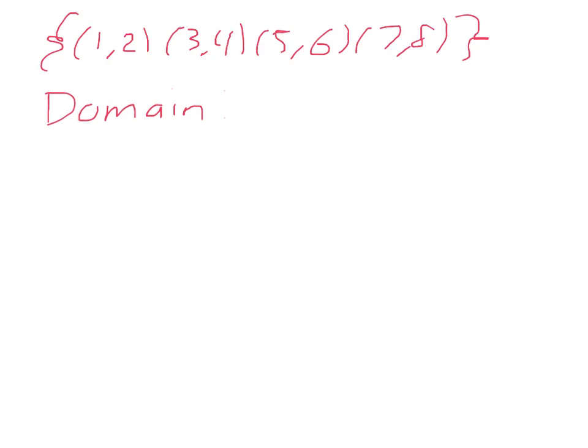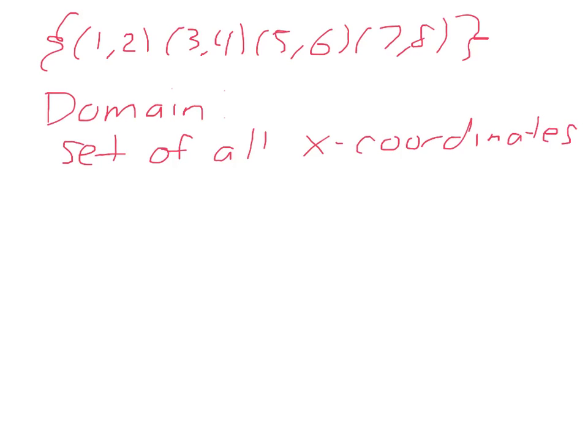The domain is the set of all x coordinates. We abbreviate it as D colon, and in here it's going to be all x's, so it's 1, 3, 5, 7.